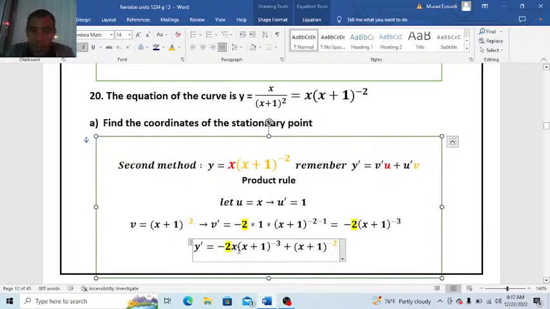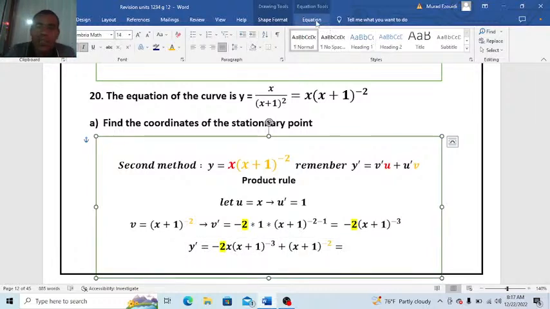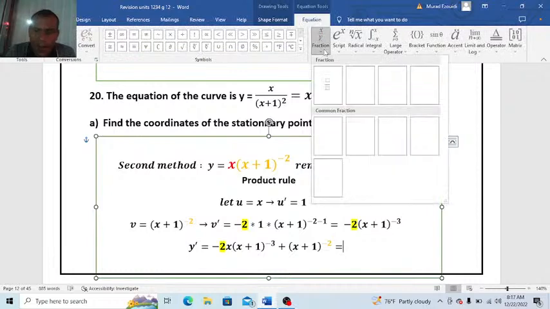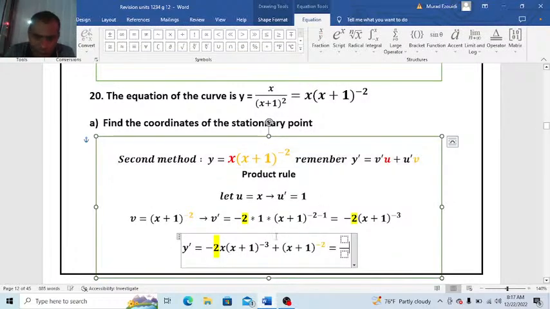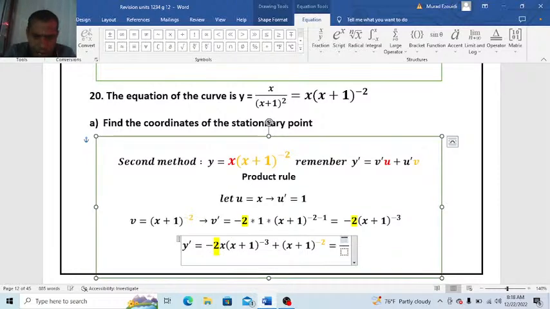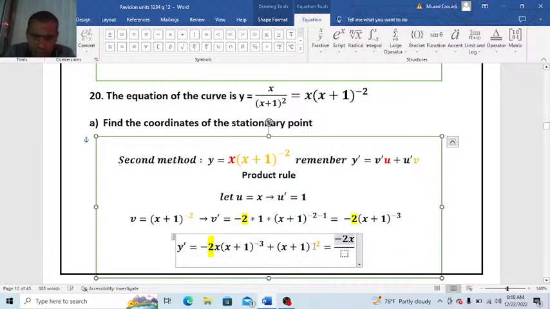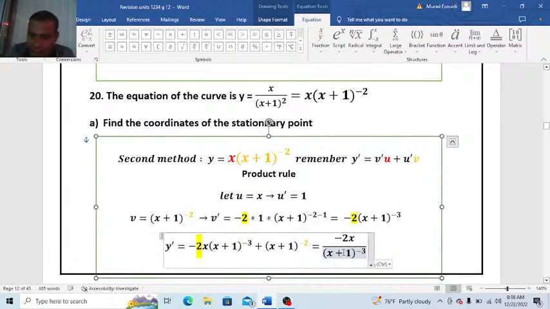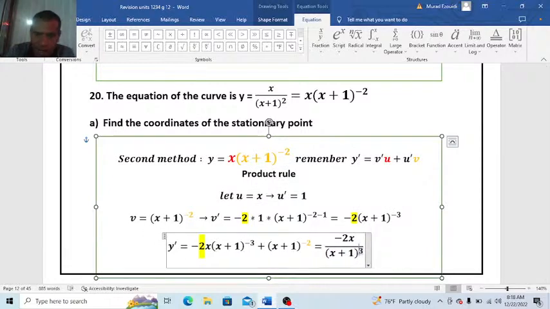I will write minus 2x divided by (x plus 1) to the power 3, where negative 3 becomes positive 3 because we write this in positive indices.